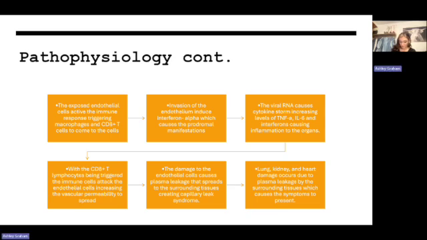The damage to the endothelial cells causes plasma leakage due to the increased vascular permeability, which causes plasma to leak into the surrounding tissue, and this is known as capillary leak syndrome.